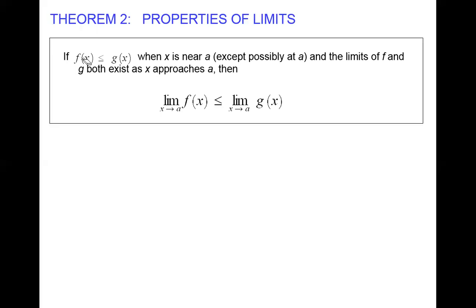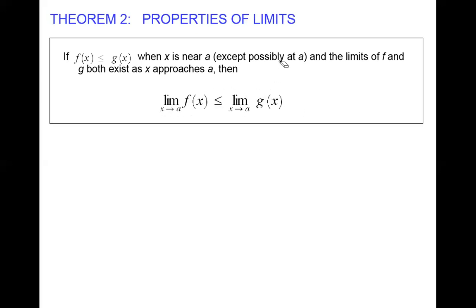If function f of x is less than or equal to g of x when x is near a, except possibly at a, of course, because we're not looking at a, we're looking near a, and the limits of f and g both exist as x approaches a, then if the functions have this relation, the limits have the same relation. The limit of f of x will be less than or equal to the limit of g of x as x approaches a.